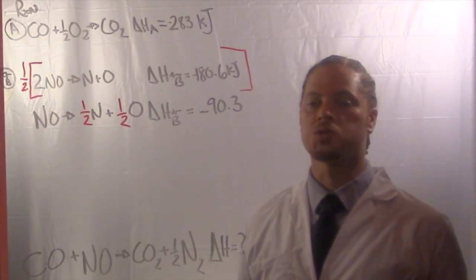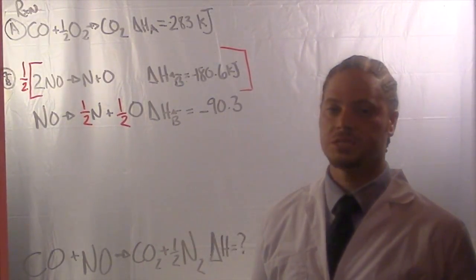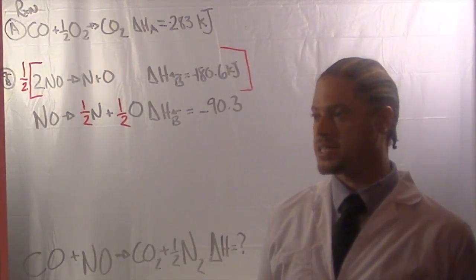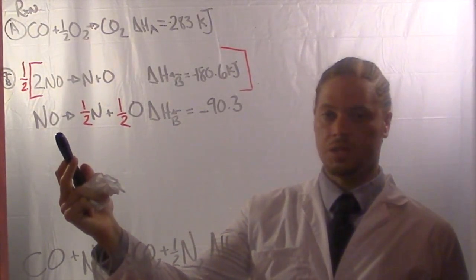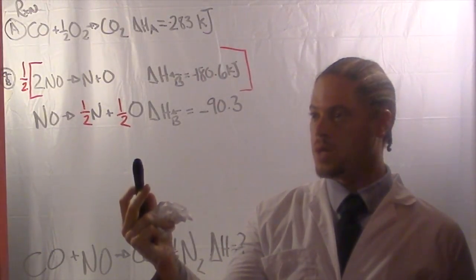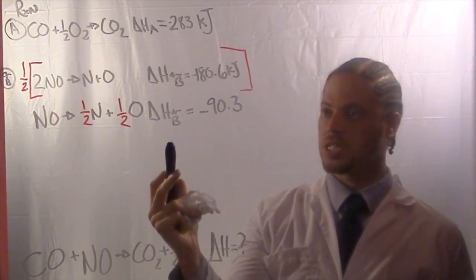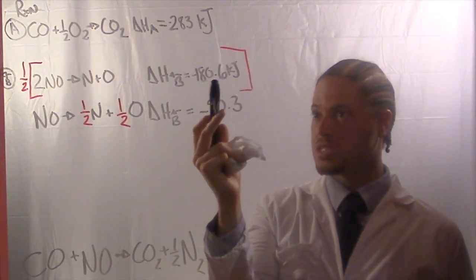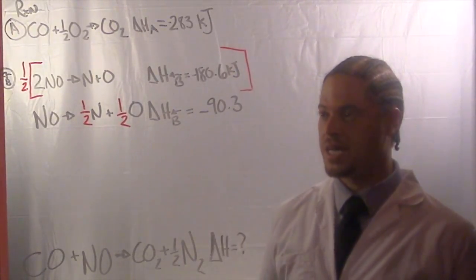So once we multiply 1/2 through our reaction, we get new stoichiometric values. One equivalent of NO, 1/2 N plus 1/2 O, and our change of H is now 1/2 times negative 180, which is negative 90.